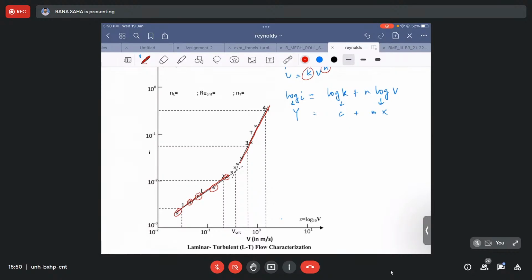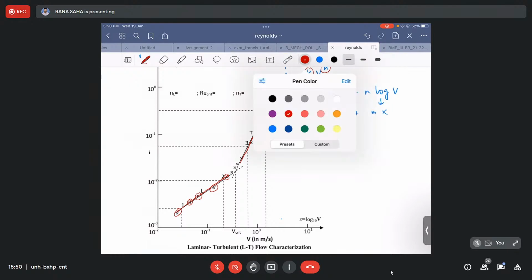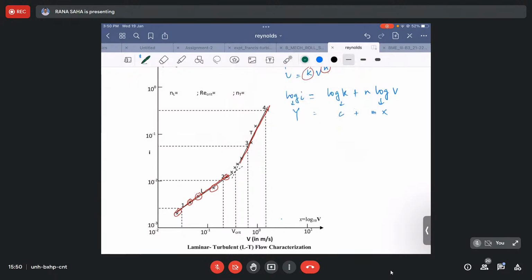Once you have this distribution of points, and the others, as you can see, these are the other points. I'm highlighting those which show distinct features. And then these are the other 3 points. First of all, you need to put all the points on a graph paper, either log or metric.